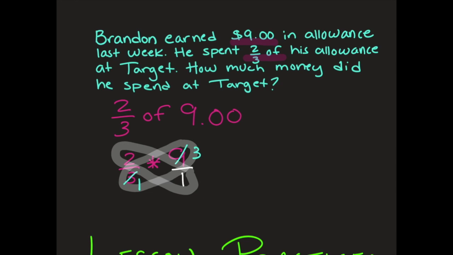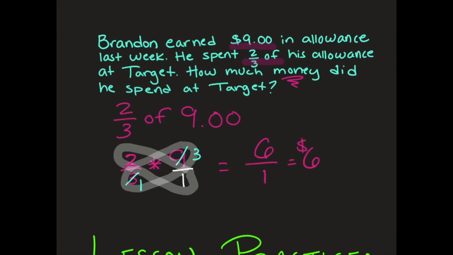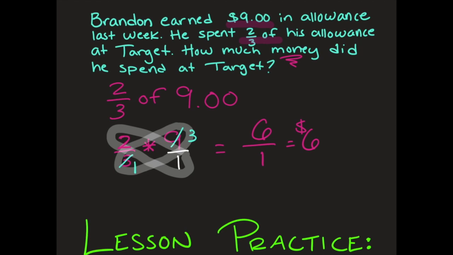So as I go to multiply them across, I have 2, because that 2 is still the same, times 3, because I simplified that, that equals 6, and 1 times 1 equals 1. Now when I'm done, 6 divided by 1 equals 6. And what was our label? It was money. How much money? So $6.